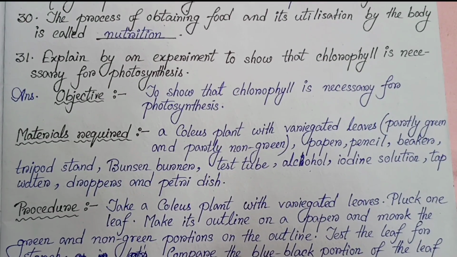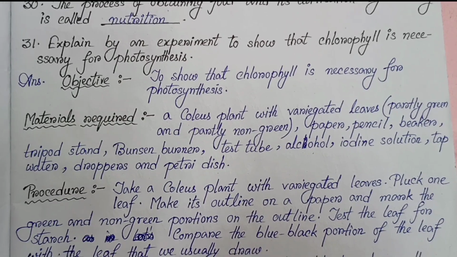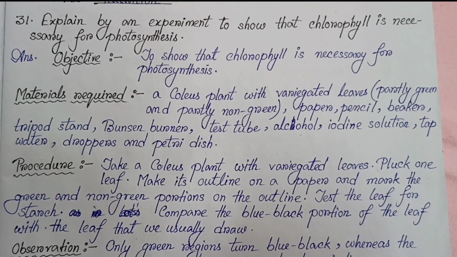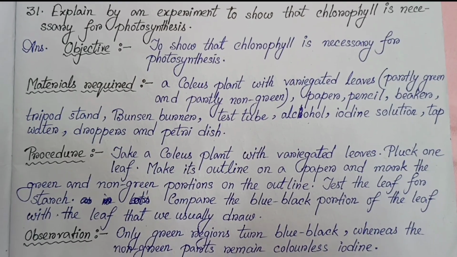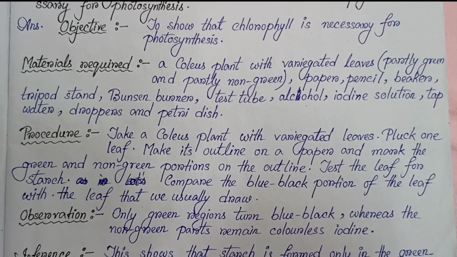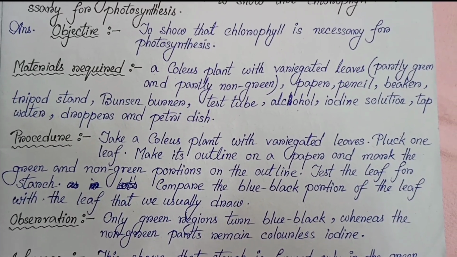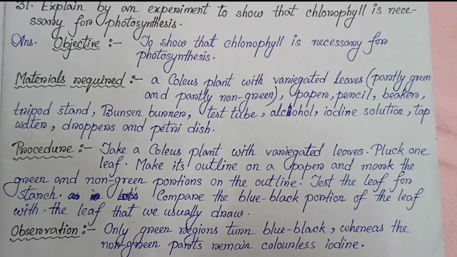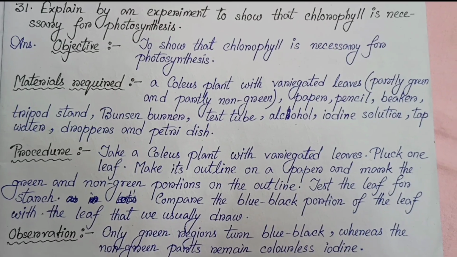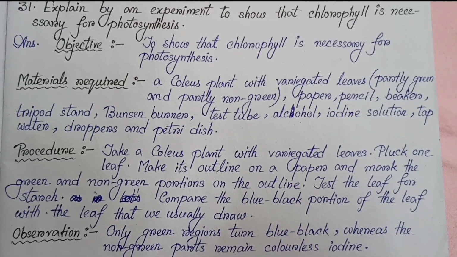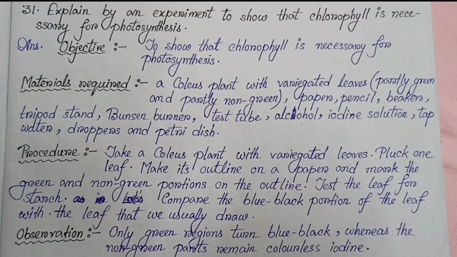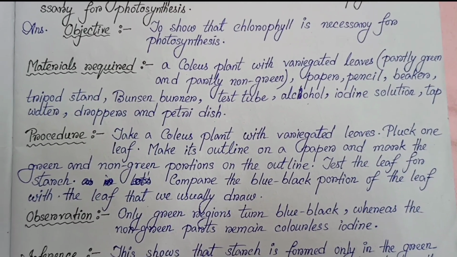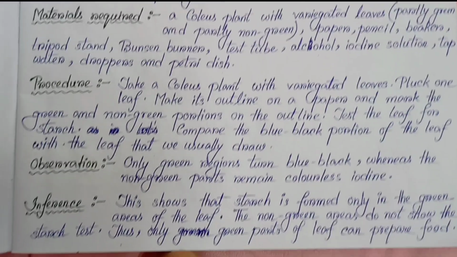31. Explain by an experiment to show that chlorophyll is necessary for photosynthesis. Objective: to show that chlorophyll is necessary for photosynthesis. Materials required are a coleus plant with variegated leaves, partly green and partly non-green, paper, pencil, beaker, tripod stand, Bunsen burner, test tube, alcohol, iodine solution, tap water, droppers, and petri dish.